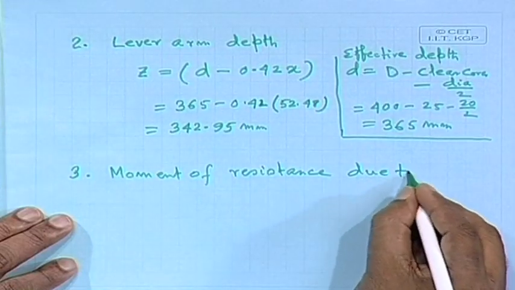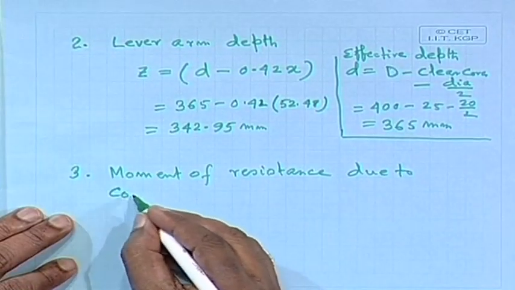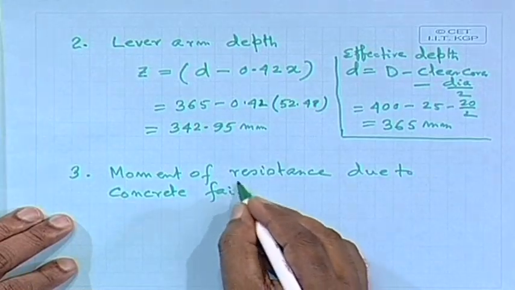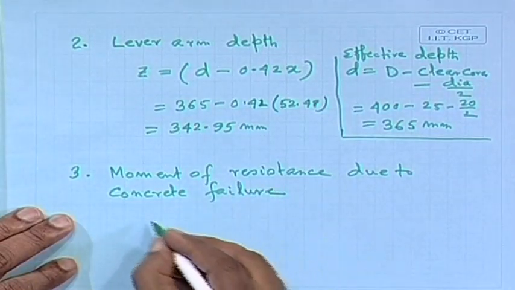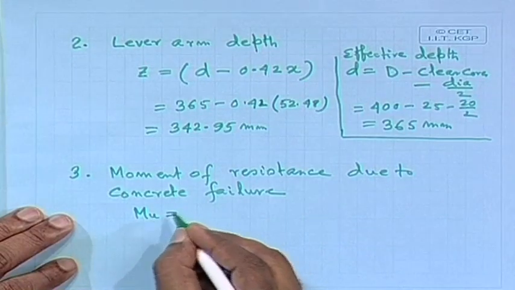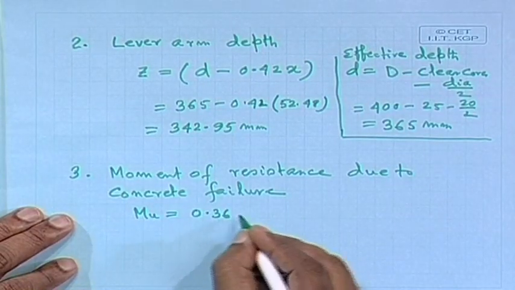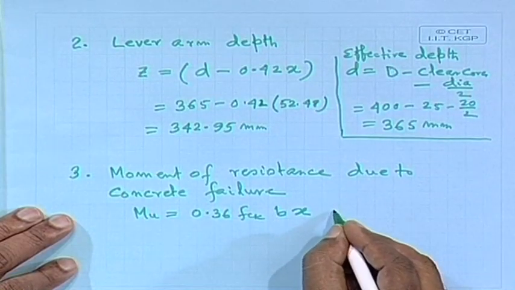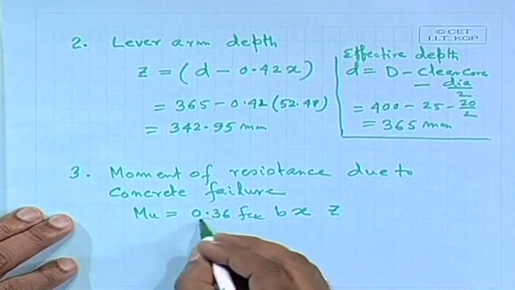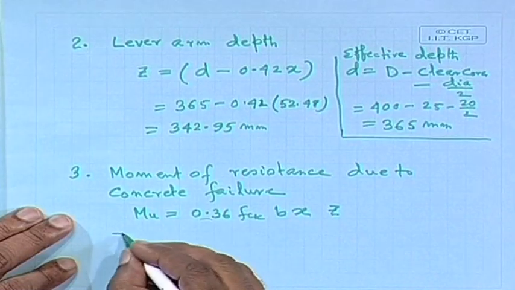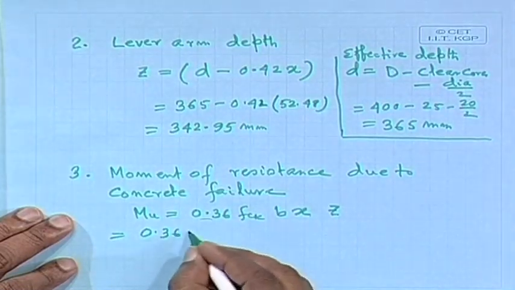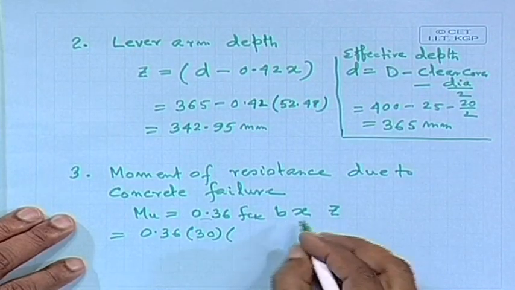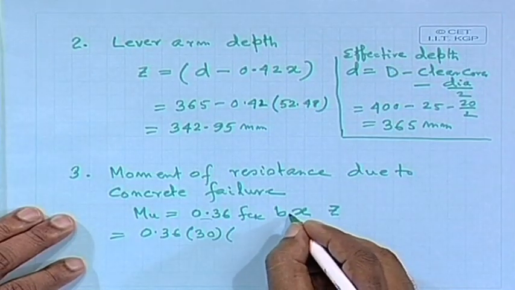Number 3, moment of resistance due to concrete failure. Mu equal to 0.36 FCK B times x times z, so force times the lever arm. We can be more specific and say BF.